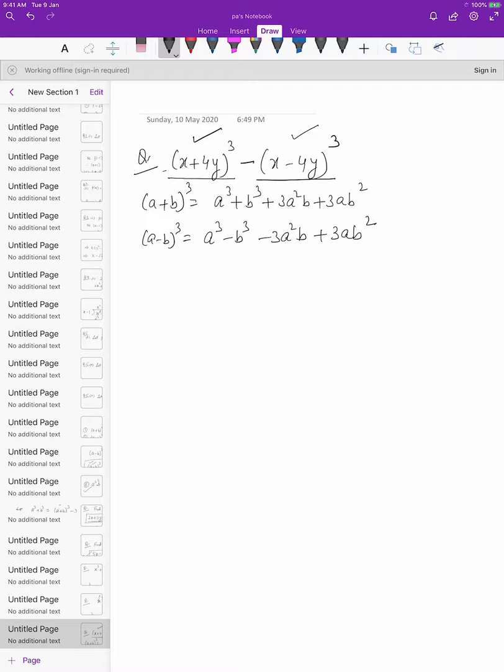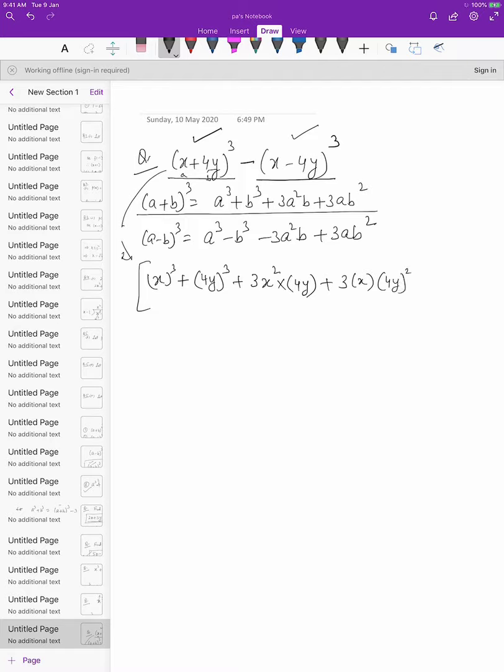So using the identities, now what do we get here? I will be using the first identity here. Now what is my a? x is a and 4y is b. So what is a cube? It is x whole cube plus, in place of b cube I will write 4y whole cube, plus 3 into x square into b, which is 4y, plus 3 into x into b square, minus the second bracket, which will be a minus b whole cube.